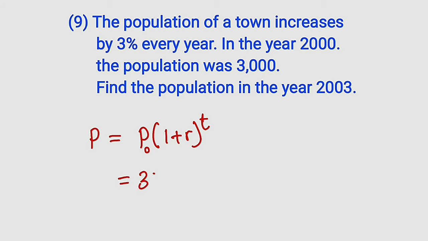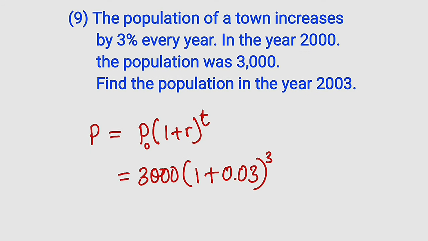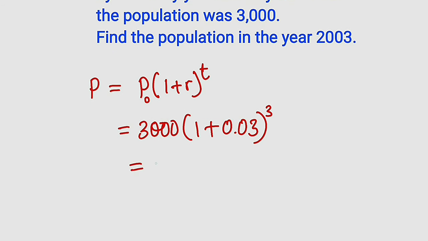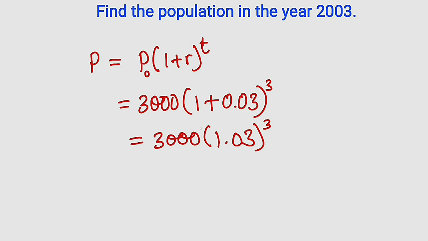So the initial population is 3,000. So we have this to be 3,000 multiplied by 1 plus the rate. Remember, the rate is 3%, which is going to give us 0.03, raised to the power of t, which is the time. From 2000 to 2003 we have 3 years. So this is the same thing as 3,000 multiplied by 1.03 to the power of 3. So all we have to do first is to take 1.03 and raise it to the power of 3, which means this times itself in 3 places.